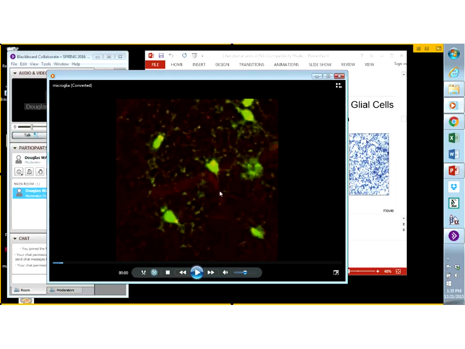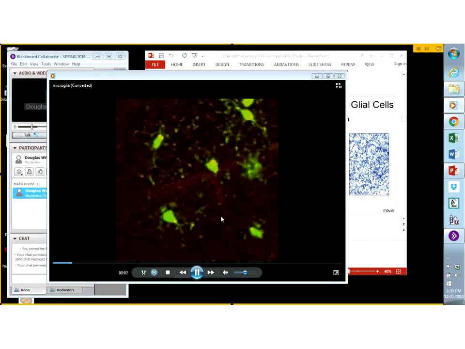It's showing red because there's a certain dye there. And then microglial cells, as you can see here, are in this green color. As I play this video, you'll see a little yellow square exposed. That's where they're going to shine a laser that's going to cause some brain damage, or a stroke. And we'll see how the microglial cells respond to that stroke.